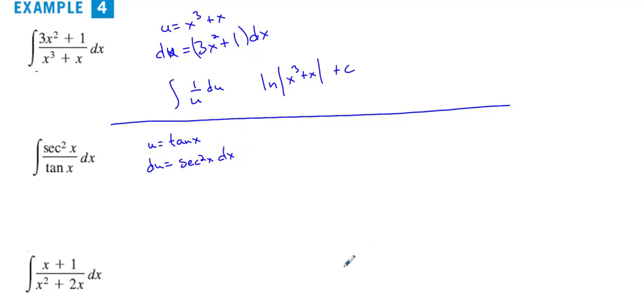And we definitely have a u prime over u situation. That'd be natural log, absolute value, tangent x, plus c.